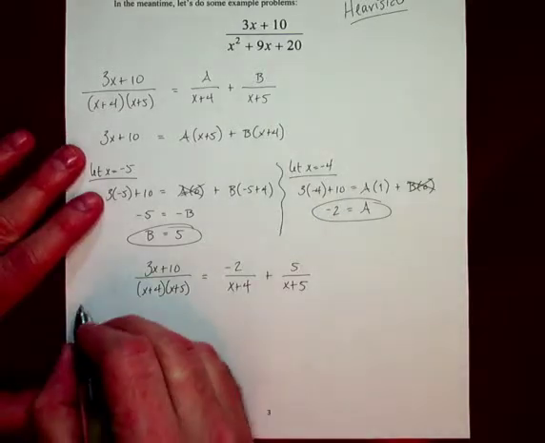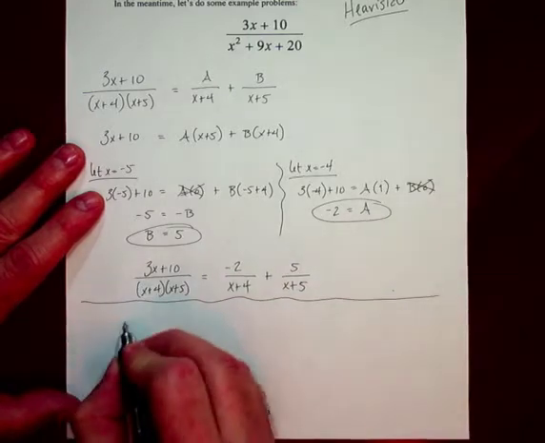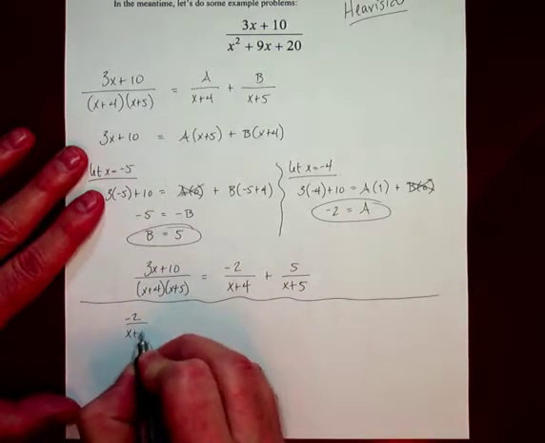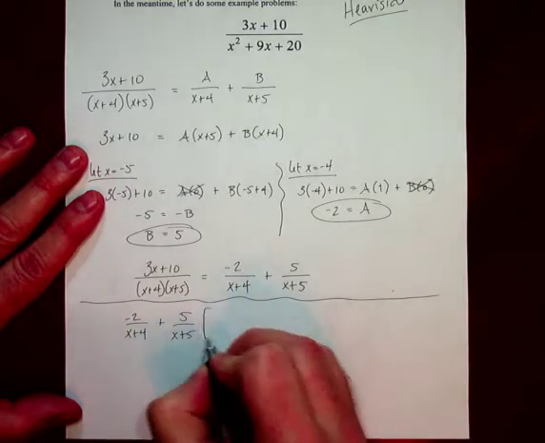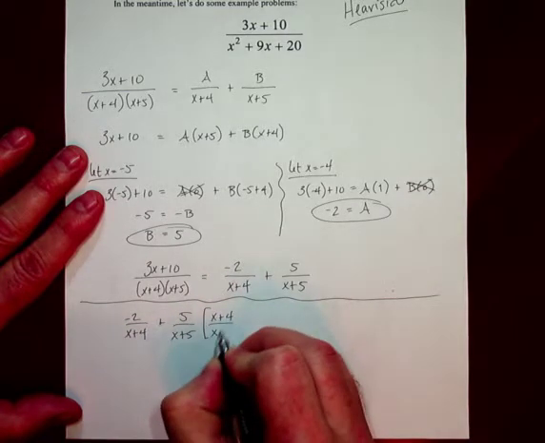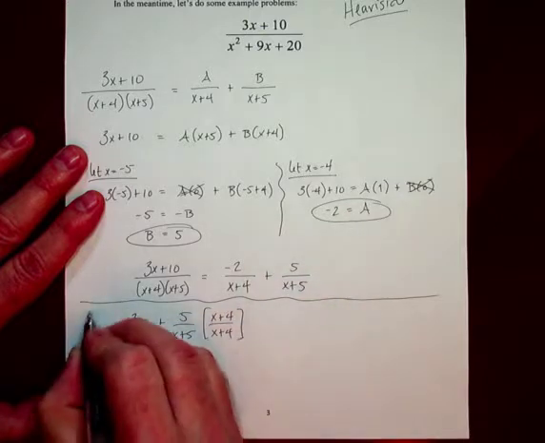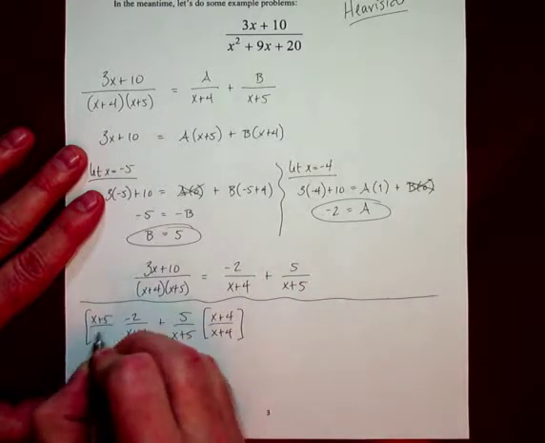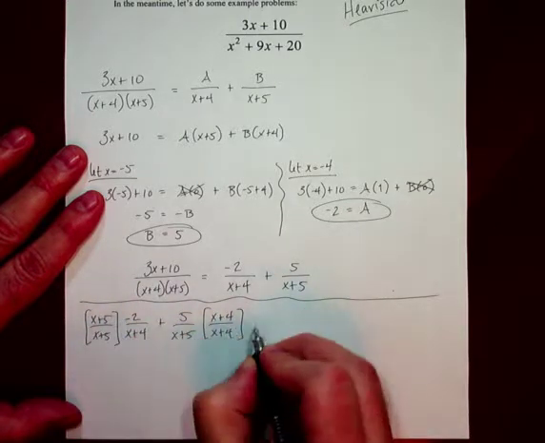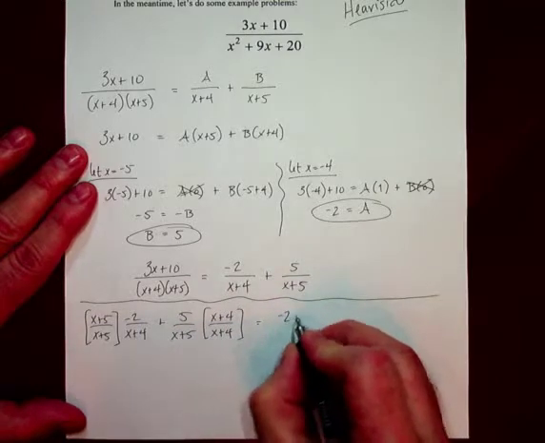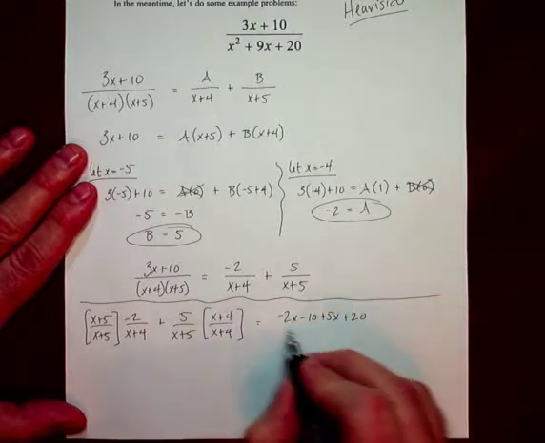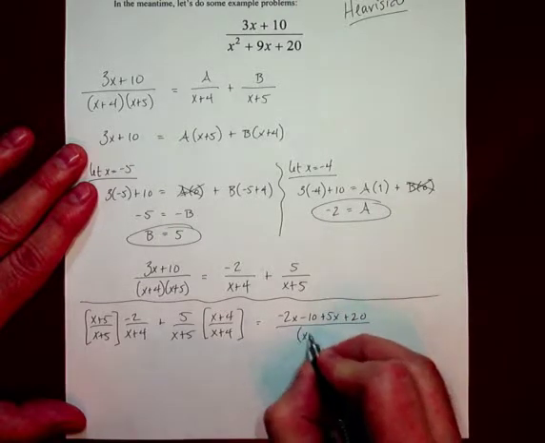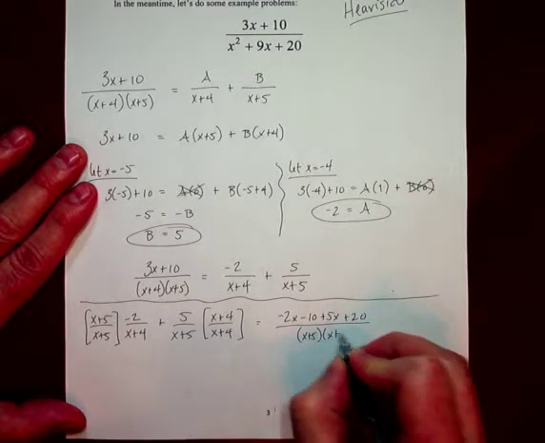So let's go ahead and check our answer real quick. We have negative 2 over x plus 4 plus 5 over x plus 5. This one we need to multiply by x plus 5 over x plus 5, and this one we need to multiply by x plus 4 over x plus 4. And this winds up being negative 2x minus 10 plus 5x plus 20 over (x plus 5)(x plus 4).